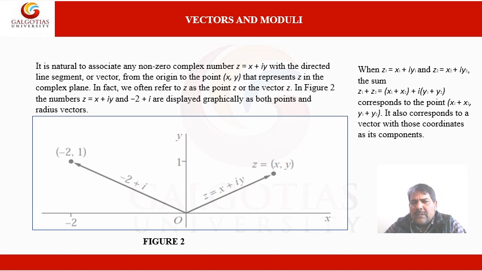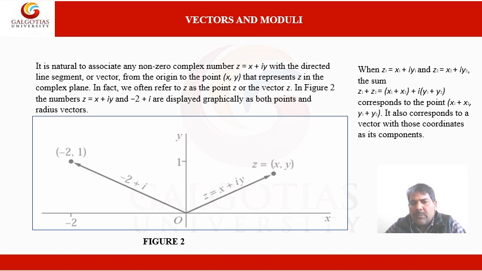When there are two points in the complex plane, such as z1 equal to x1 plus iy1 and z2 equal to x2 plus iy2, then their sum will be z1 plus z2 equal to x1 plus x2 plus i times y1 plus y2, corresponding to the point (x1 plus x2, y1 plus y2).